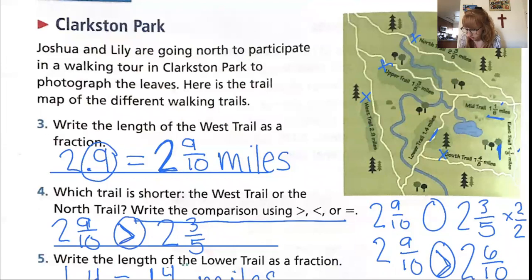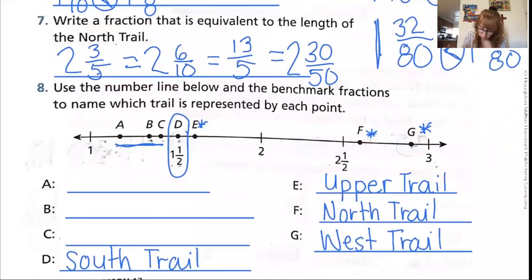So when we know that we're comparing fractions with the same numerator, the smaller denominator is the smaller fraction piece. So 1 1/6 is smaller than 1 1/3. So the mid trail is letter A.